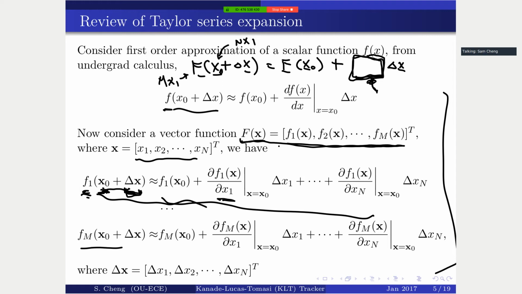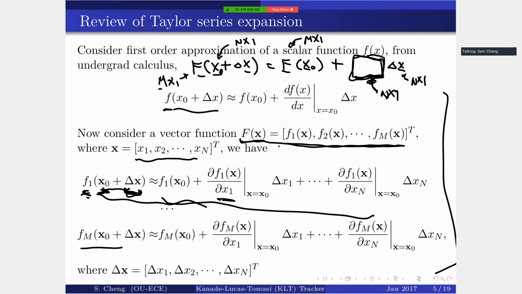The argument has dimension n by 1, so delta x is also n by 1.